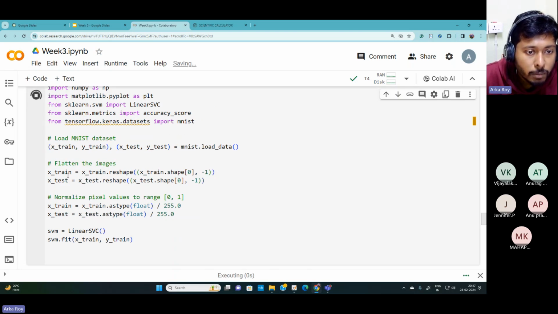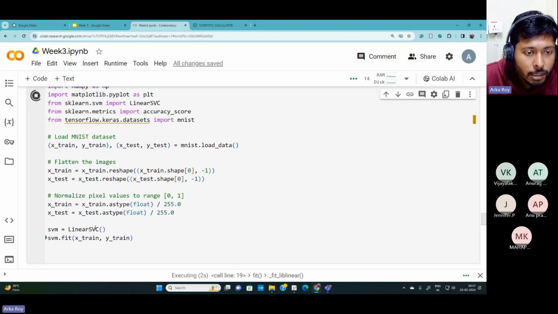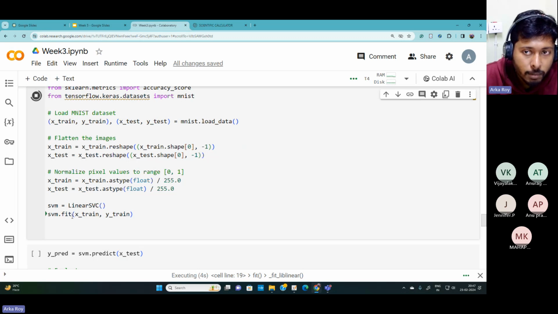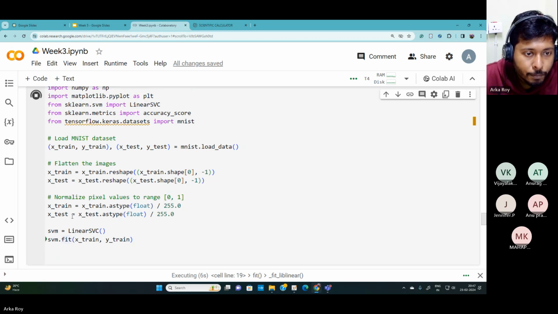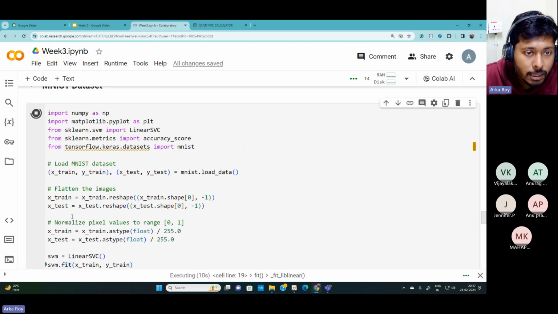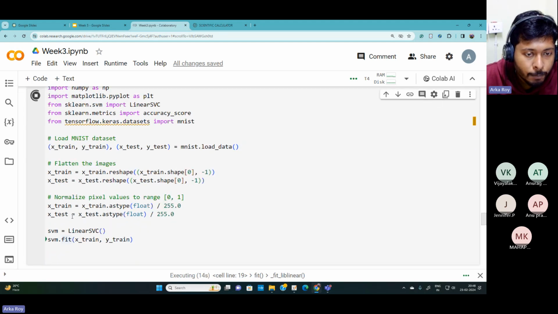So loading the MNIST, flattening the images, normalizing, and then svm.fit will train an SVM. In the training set, you have 50,000 images. Let us check how much time this training process takes.